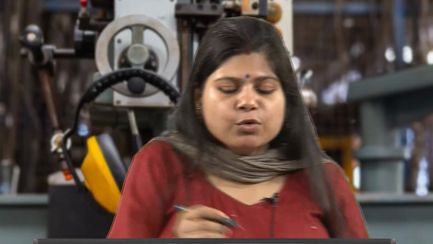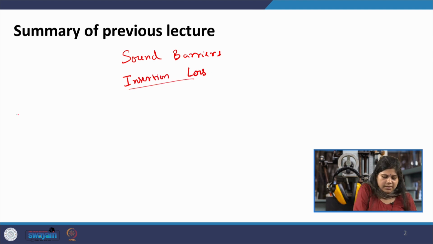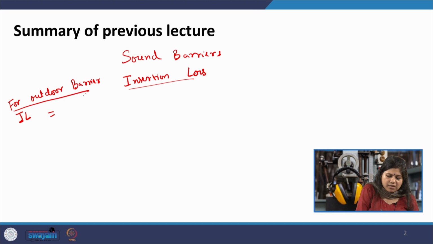To summarize, we discussed sound barriers and how we use insertion loss to measure their performance. The insertion loss of a typical outdoor barrier was given in the last class.